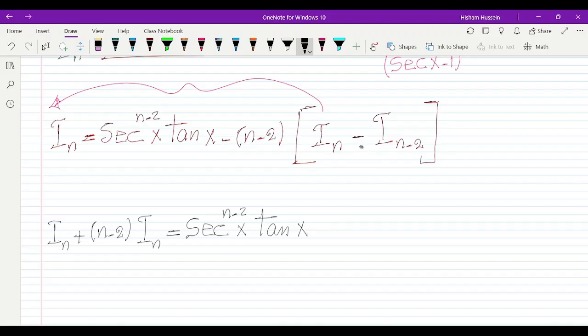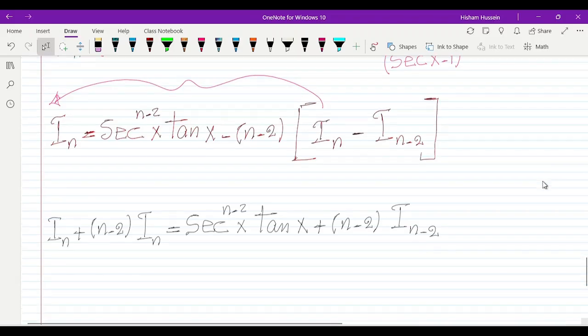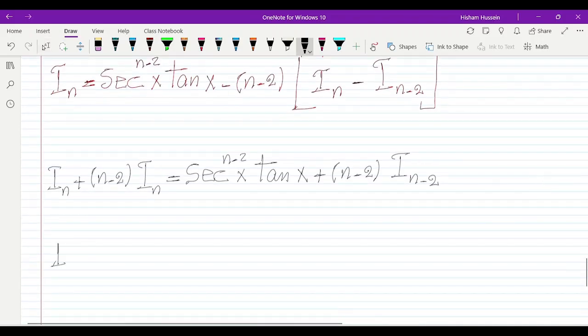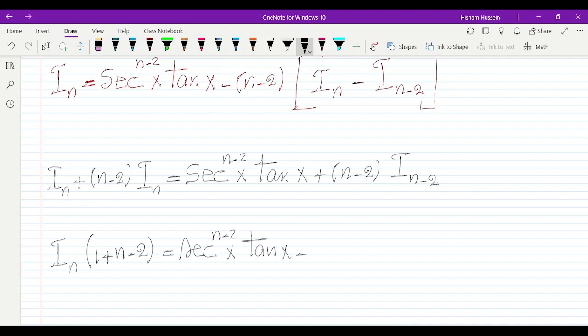Negative, it's positive, (n-2) I_(n-2). And now factor I_n, take I_n as a common factor, we'll get I_n times (1 plus (n-2)). This equals the right-hand side as it is, sec^(n-2) x tan x plus (n-2) I_(n-2).